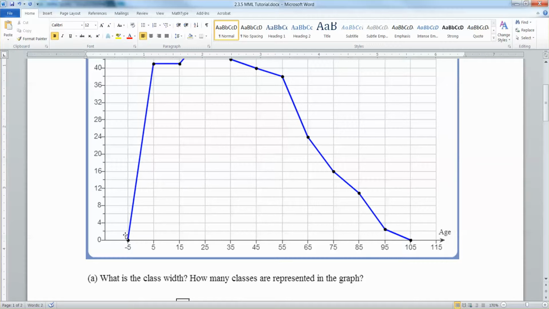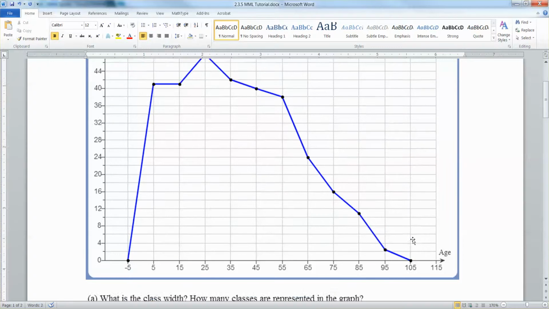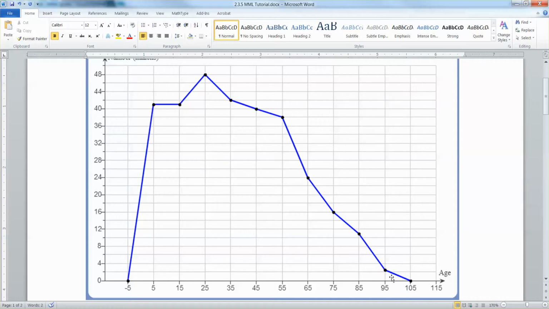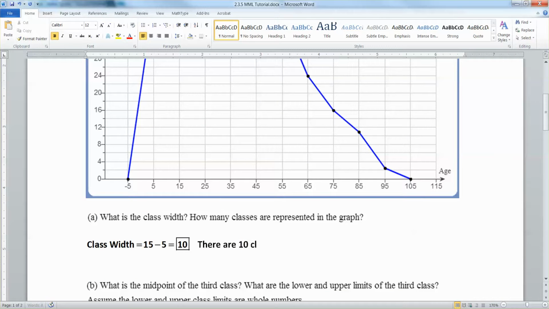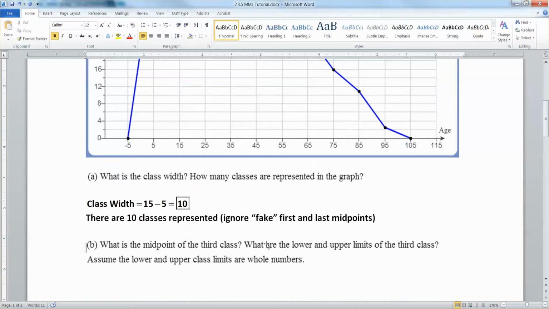People cannot be -5 years old. Similarly, the 105 is not real over here. So that's not going to work. That means we only have to count the dots that are not those two, the beginning and the ending one, which are fake. So that'd be 1, 2, 3, 4, 5, 6, 7, 8, 9, 10. So there are 10 classes represented, because the first and the last need to be ignored. Ignore the fake first and last midpoints.